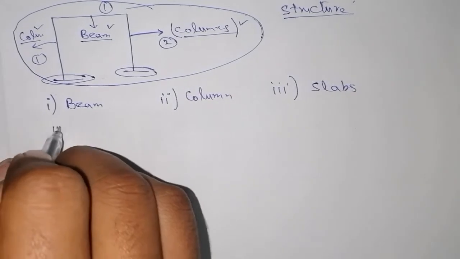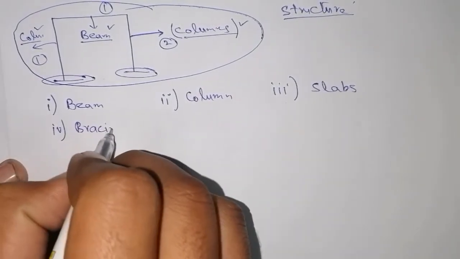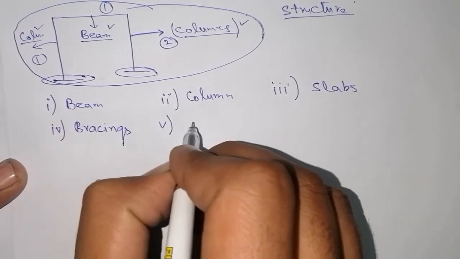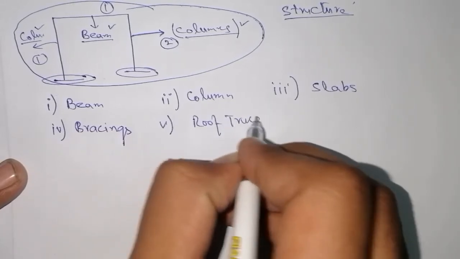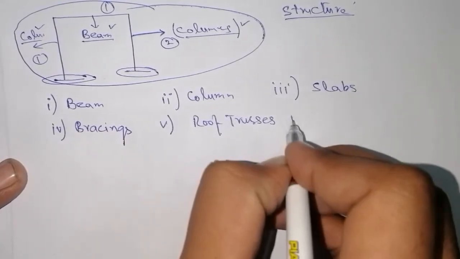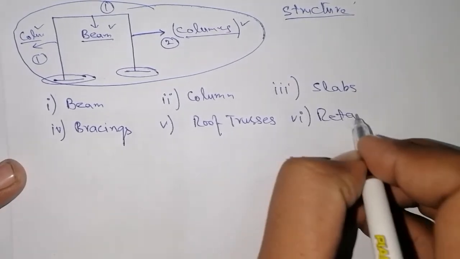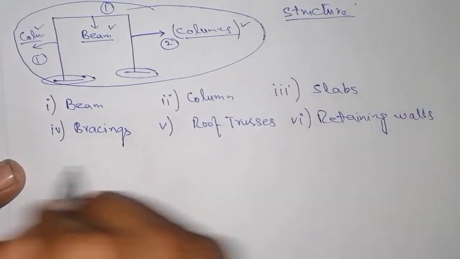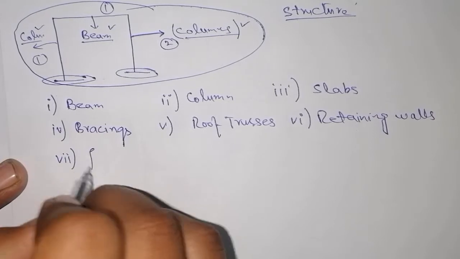On fourth number we have bracings. On fifth number we have trusses or roof trusses. On sixth number we have retaining walls. And on seventh number we have footings.